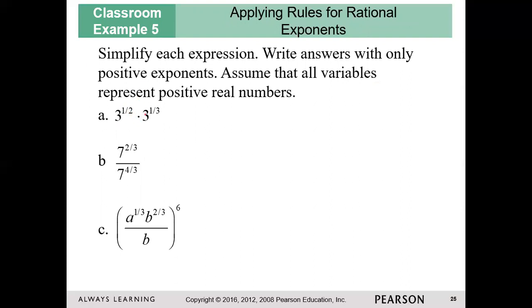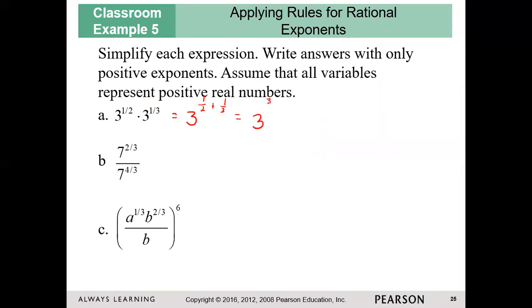So again, we know that we're multiplying like bases, so the base is going to be the same. We're supposed to add these exponents, so 1/2 plus 1/3. But we can't do that because we don't have a common denominator. So we need to do that. So we've got 3 as our base again. Our common denominator is 6.